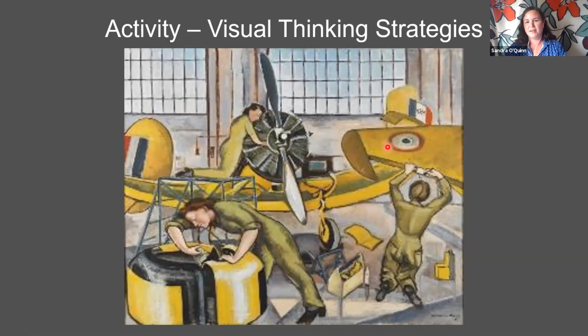With visual thinking strategies, it's just a matter of taking some time to look closely at the painting and then discussing it as a group. So if people are comfortable speaking, they can make their comments one at a time. We can maybe do raising hands, or we can put it in the chat. That's good with me too.